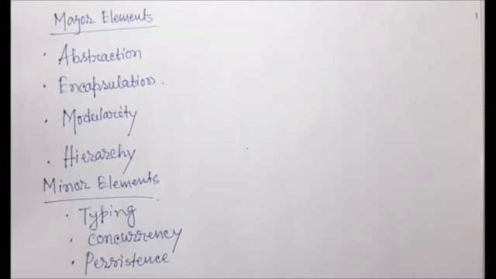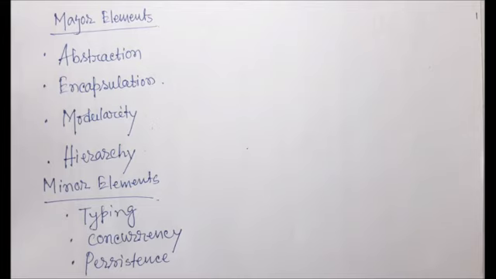Here we are talking about the process of decomposing a problem into a set of modules so as to reduce the overall complexity of the problem. That is called modularity. Modularity is intrinsically linked with encapsulation.